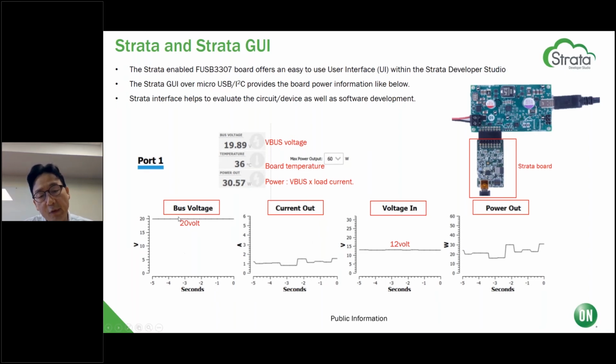For this information, some extra circuit is implemented on the board. This Strata board has an MCU that interfaces with the PC for the GUI. So a graphical user interface is supplied, and the MCU on the Strata takes all this data from the board.